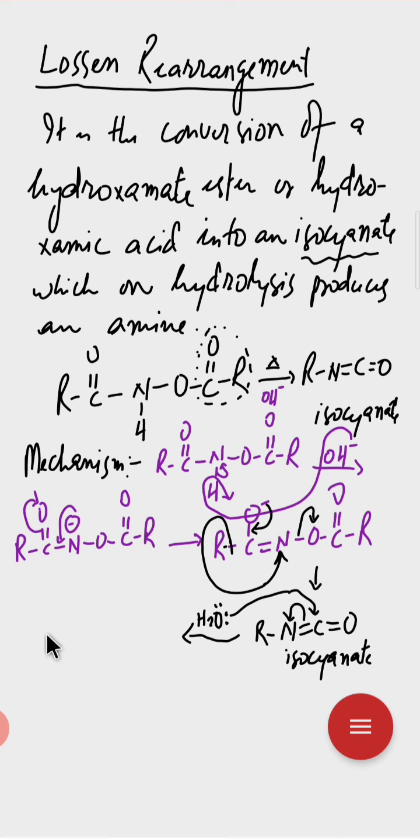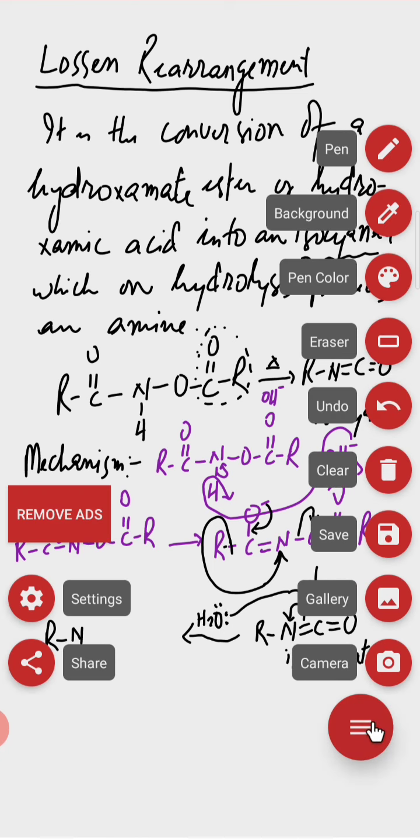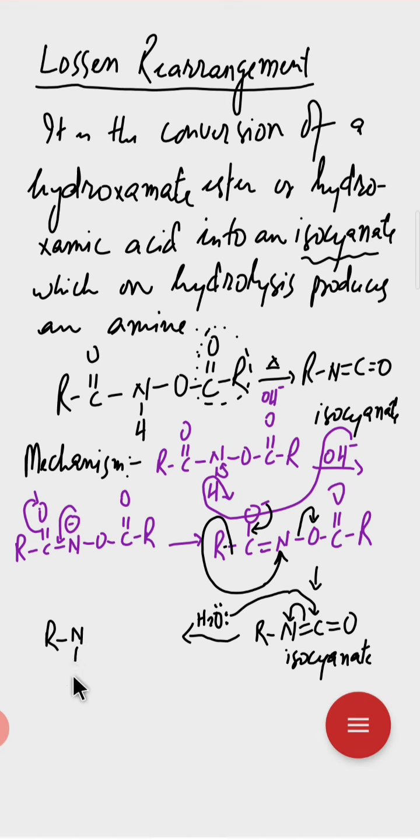So we will get RN minus, and that N minus will abstract a hydrogen from this O, so this will form NH. Okay, and there will be a single bond between nitrogen and carbon, and to this carbon atom OH will be attached, and to this carbon again there is another oxygen atom with a double bond.